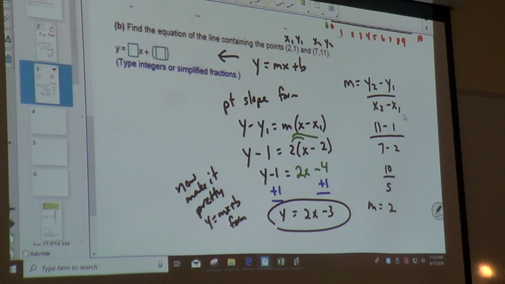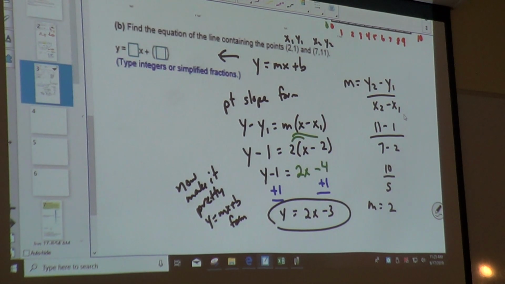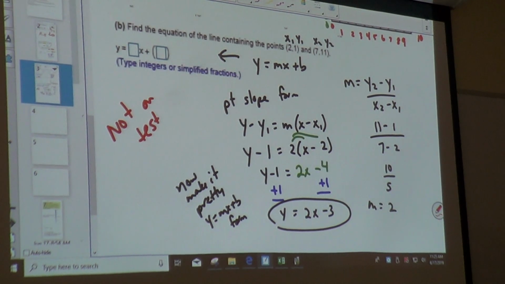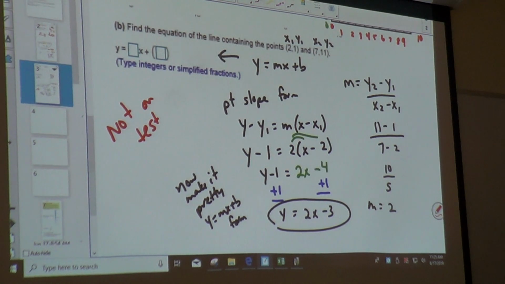This was if you didn't have a calculator and you had to do it by hand and just randomly pick 2 points. They wanted you to find the slope, plug the slope into, this is not on the test. Praise Jesus. Not on the test. Let me even put that in red. Not on the test. So if you can just get through the homework. Okay?